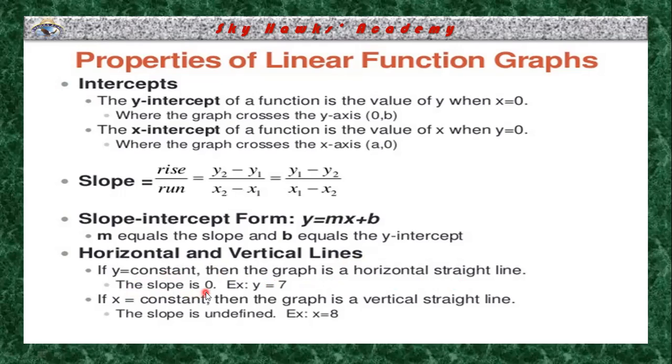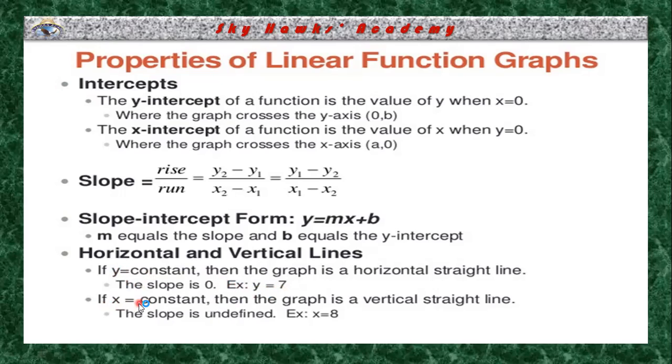The slope is 0. Example, y is equal to 7. So in this way, the zero slope, because the line is horizontal to the x-axis, there is no question of any tilt or any inclination. So if y is a constant, you can write y is equal to 7.